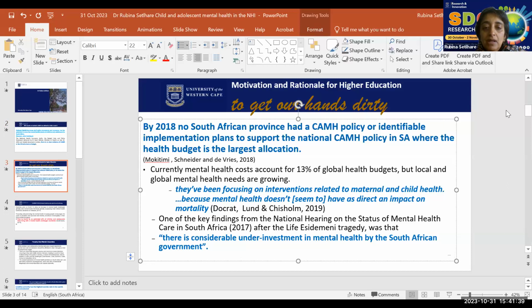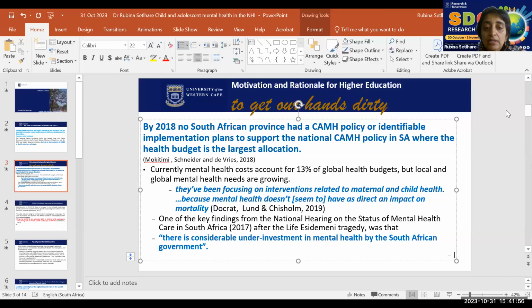Currently the mental health costs globally, and that's not only for children, that's across the populations, is about 13%. But this, we all know, has been increasing since the COVID pandemic.